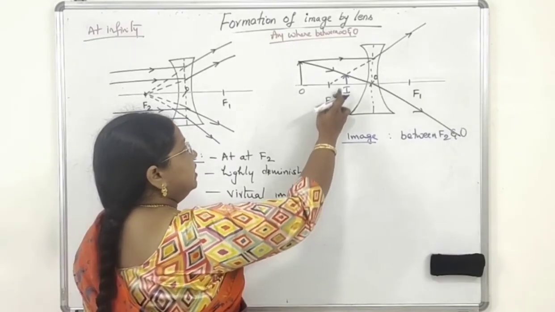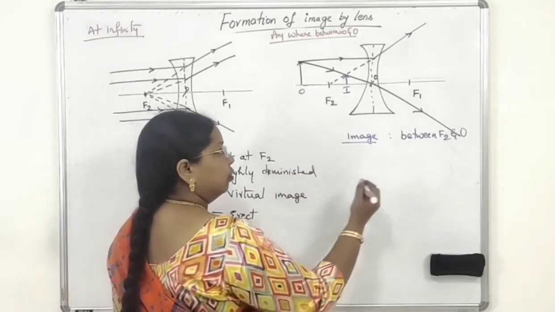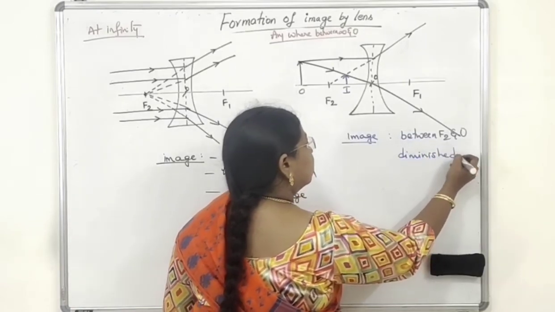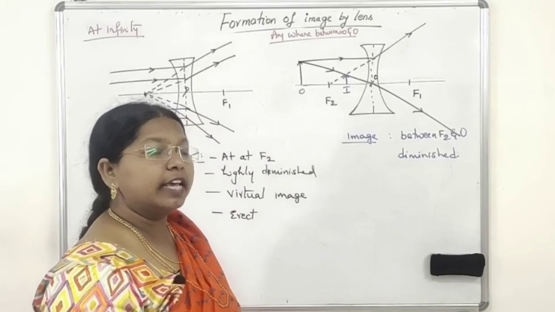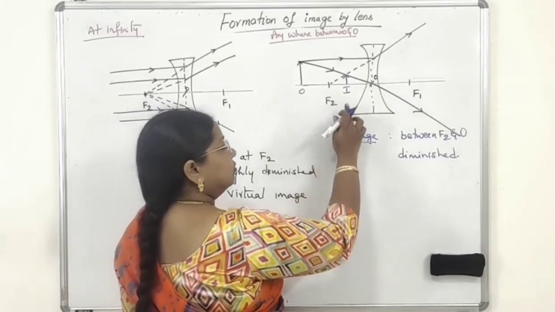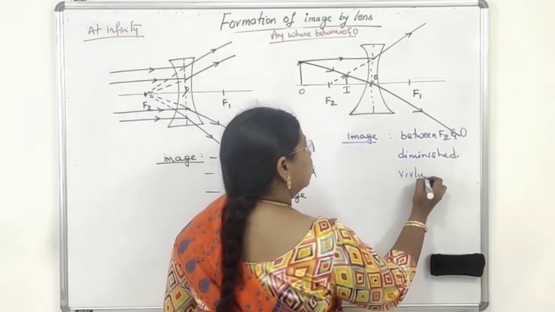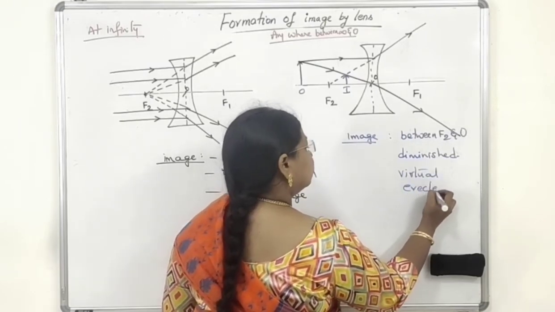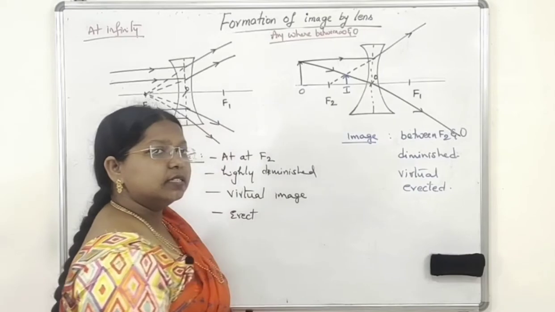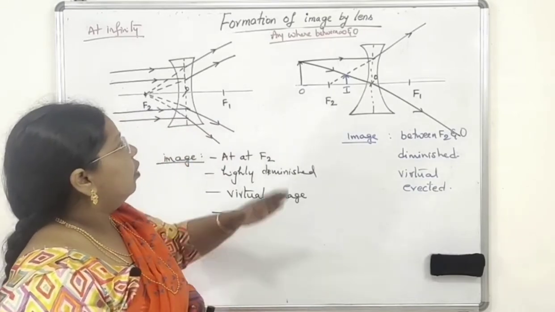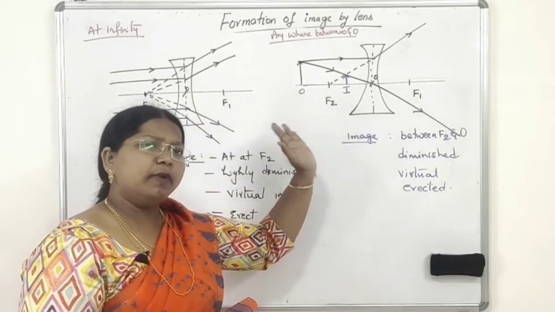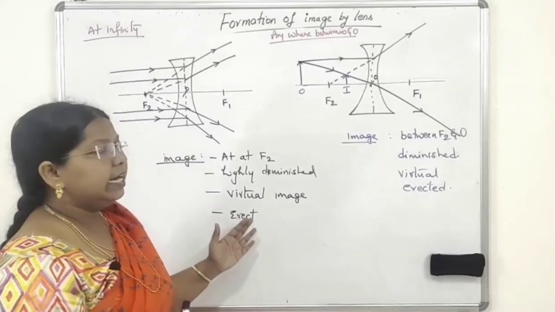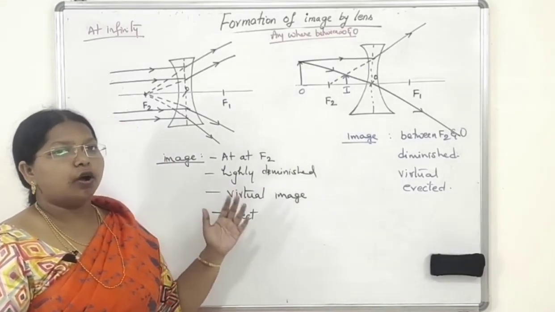What is the size? Is it same size? No. Diminished. Next one. Nature. Virtual. Erected. Clear, students? So this is the case when the object is placed anywhere between this one. Okay. So these are the two ray diagrams regarding your concave lens.